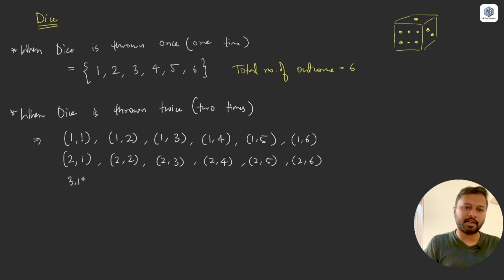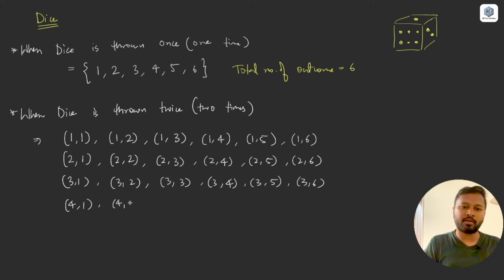Similarly, you can get 3 and 1, 3 and 2, 3 and 3, 3 and 4, 3 and 5, and 3 and 6. Then 4 and 1, 4 and 2, 4 and 3, 4 and 4, 4 and 5, and 4 and 6.